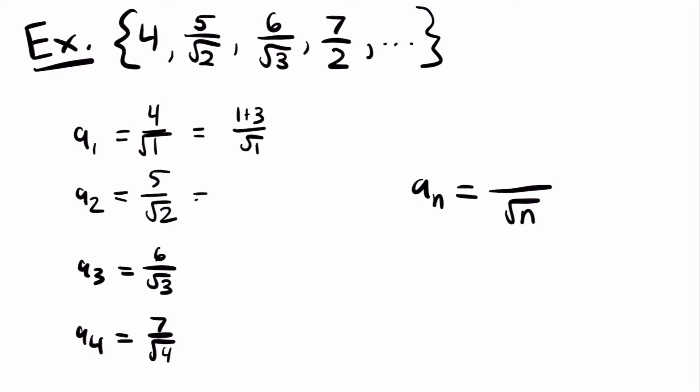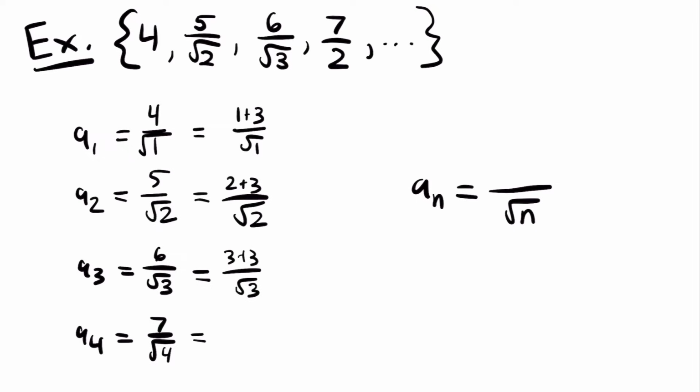So for a sub 2, 5 would be equal to 2 plus 3, right? So that would incorporate our value of n, which is 2. So we have 2 plus 3 divided by the square root of 2. Then for our next term, 6 would be equal to 3 plus 3, right? That would incorporate our value of n. So we have 3 plus 3 divided by the square root of 3.